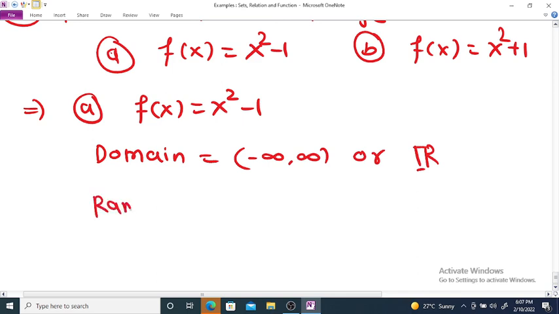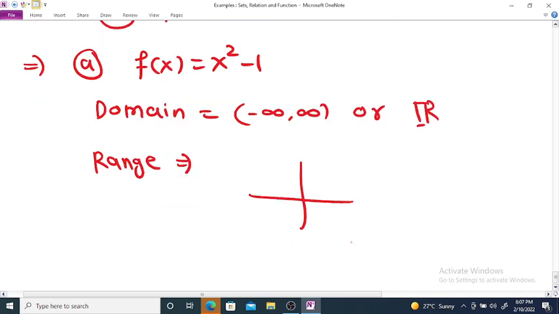Now, what is the range here? If we draw the geometrical representation of the given function f of x is equal to x square minus 1, here is the minus 1.